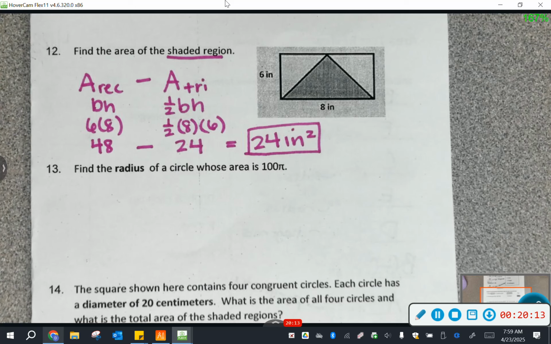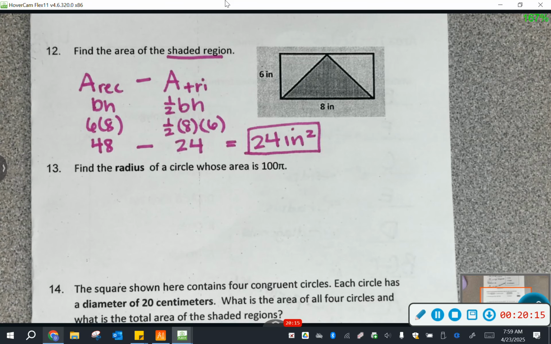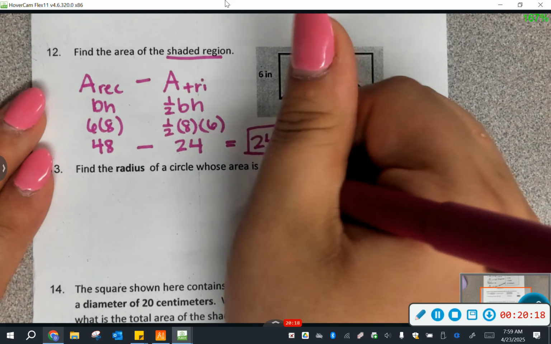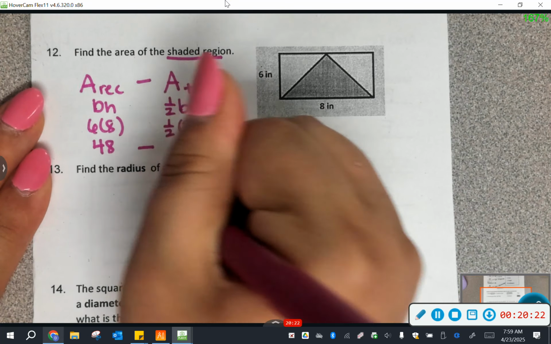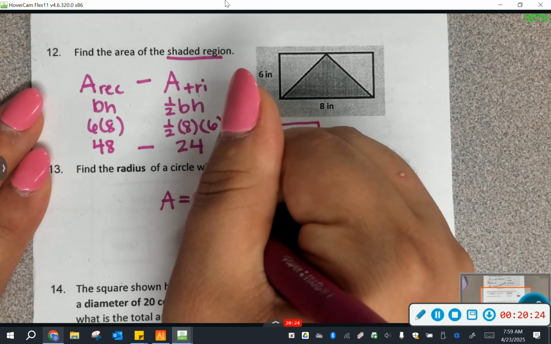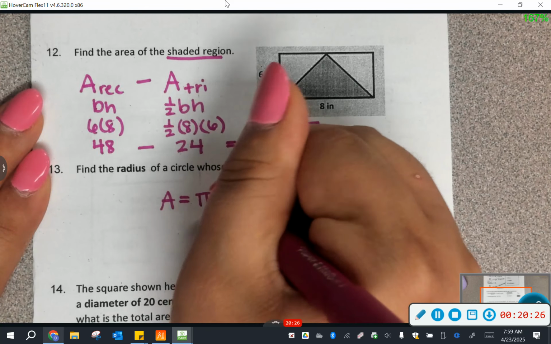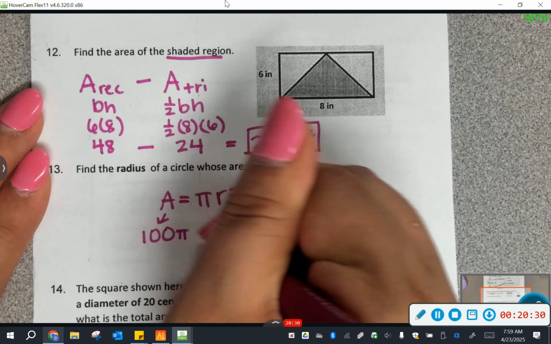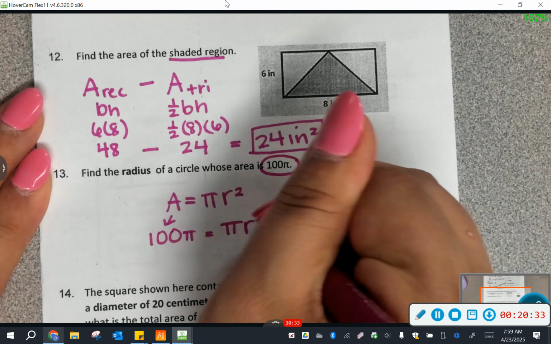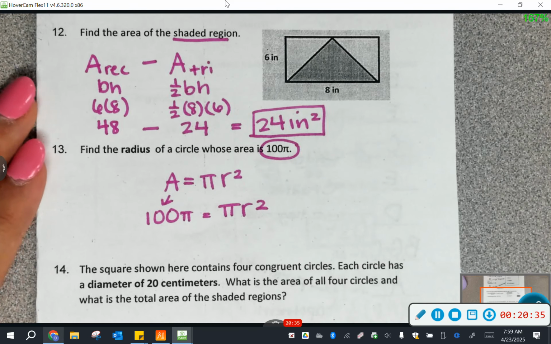Find the radius of a circle whose area is 100 pi. Well, area of a circle is what? Pi r squared. And if I know the area is 100 pi, how do I find the radius? What do I do first?